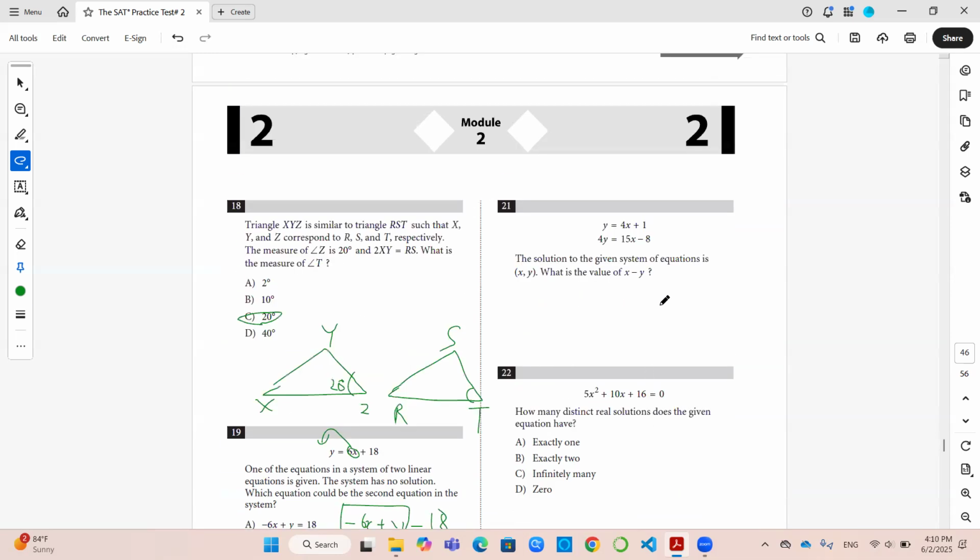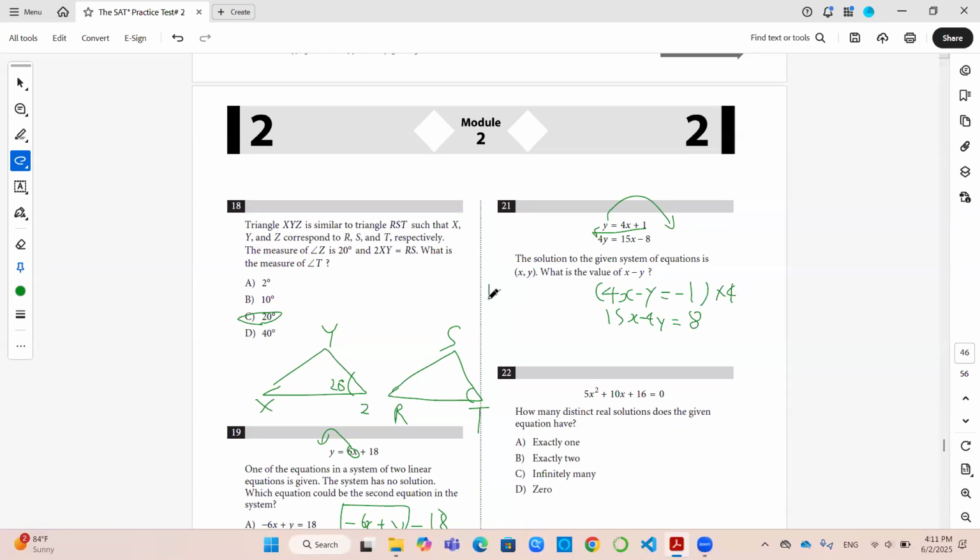Okay. The solution to the given system of equations is x, y. What is the value of x minus y? So I'm going to go ahead and bring this guy over here and this guy over here. So it becomes 4x minus y is equal to minus 1, and 15x minus 4y is equal to 8. I'm going to do a bit of a flip-flop, and I'm going to multiply this first row entirely by 4.